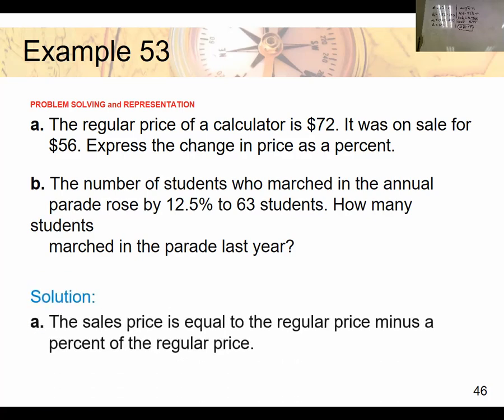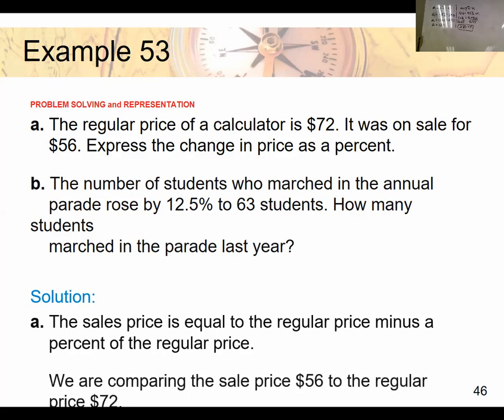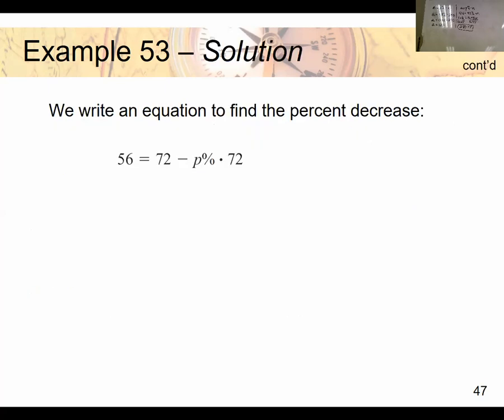Okay. So the sale price is going to be the regular price minus the percent of the regular price. So here we're comparing the sale price of $56 to the regular price of $72. And here's the equation for that.